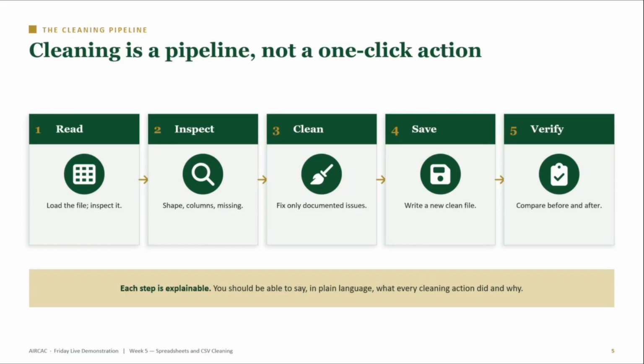Finally, we read the CSV file and save a cleaned version. Even without understanding every line, we already know the overall purpose of the script. This is exactly the level of understanding we want.